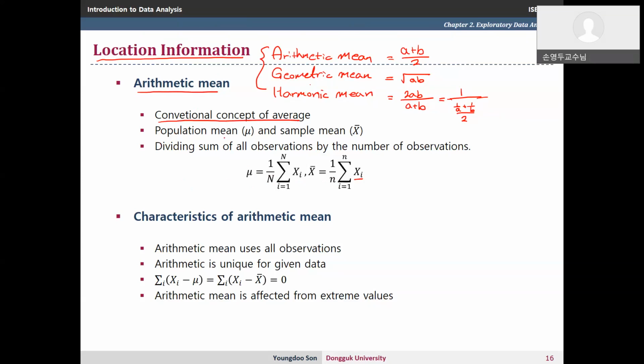The population mean is usually denoted by the Greek letter mu, and the sample mean is denoted as x bar.